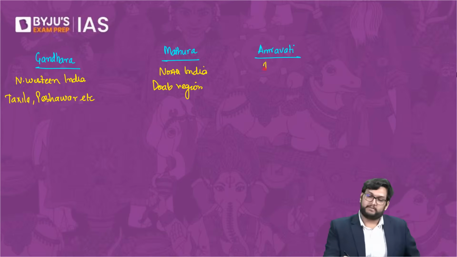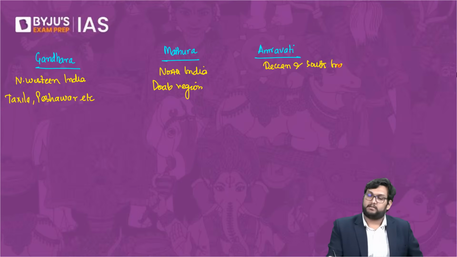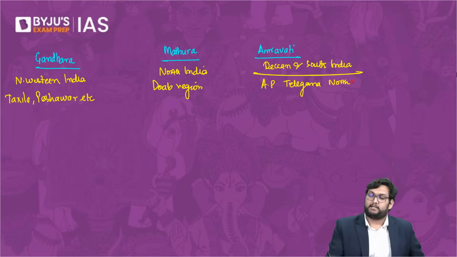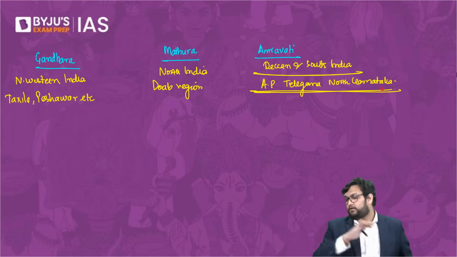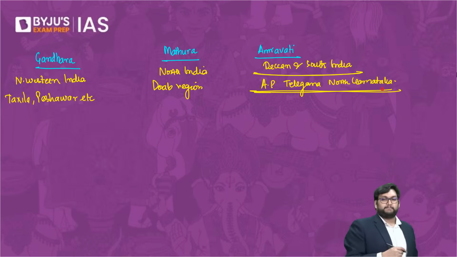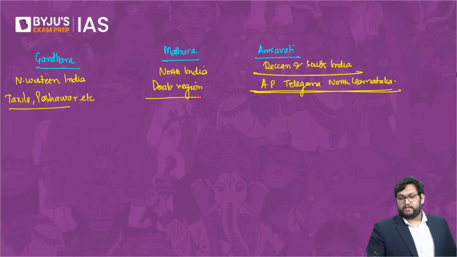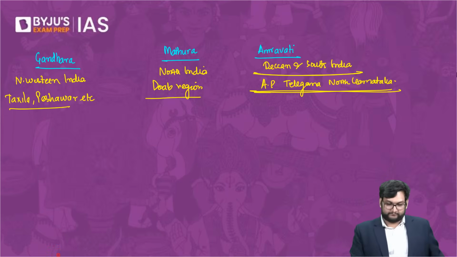Amravati would be Deccan and South India, which is basically the Andhra Pradesh, Telangana, northern Karnataka area, but it's not specific to this area, it's all of it. And the first school to develop was Mathura.